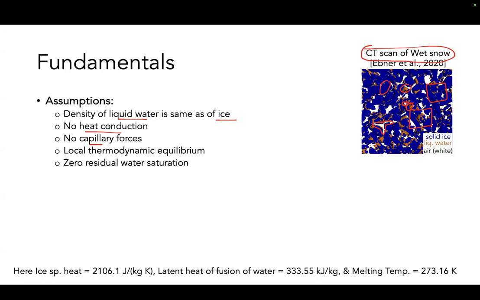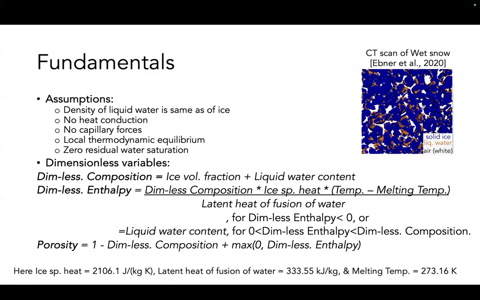Furthermore, if we make these assumptions without going into the math of it, we are left with two dimensionless conserved variables called composition and enthalpy. Composition is just the total amount of water in any box or any representative elemental volume.